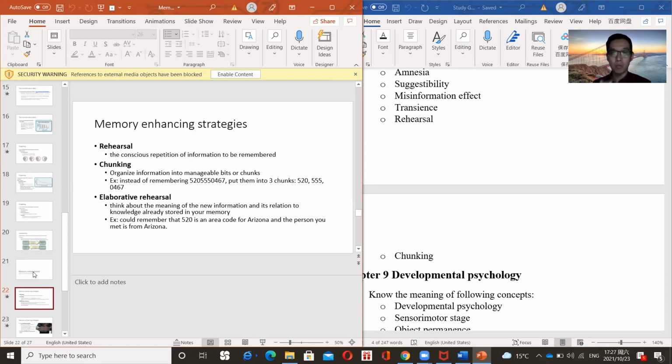We can remember what is in the first, second, and third chunk, and after remembering the content in the chunks, we can just remember the 3 chunks. By that way, we can remember a lot of information within a short period of time. That is called chunking.